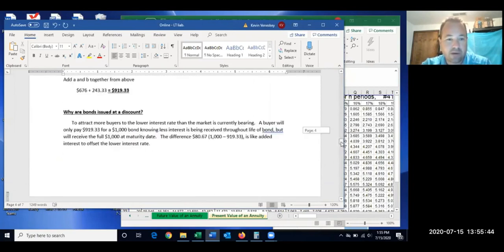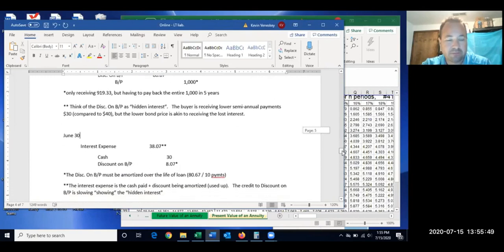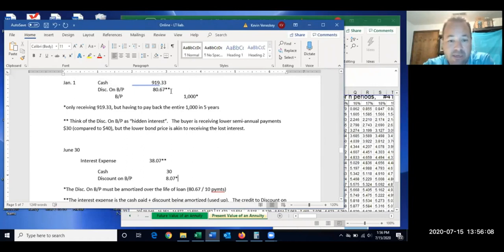So if I was to calculate the interest expense, the interest expense is basically going to be how much cash did I have to pay, plus how much hidden interest am I exposing. I'm exposing $8.07 this time because I want to slowly amortize that $80 difference.